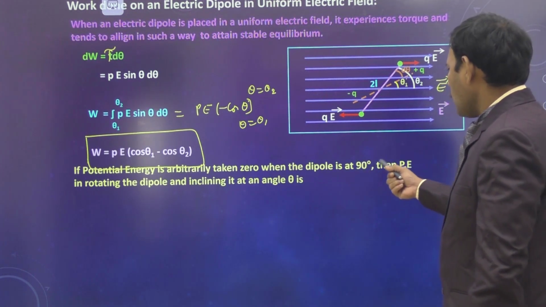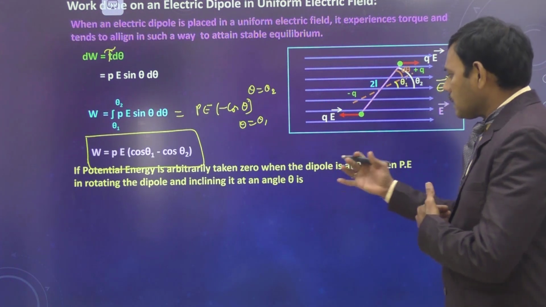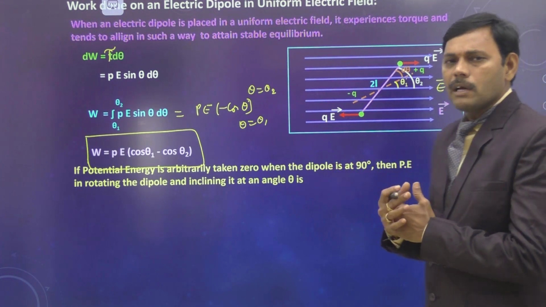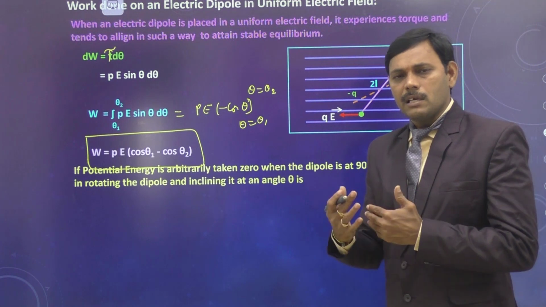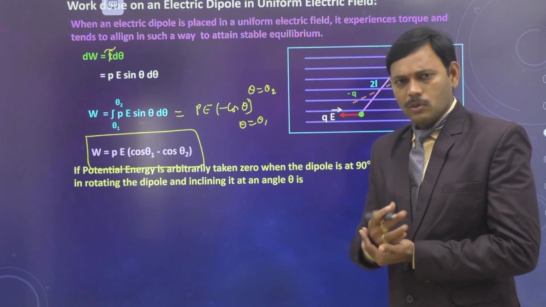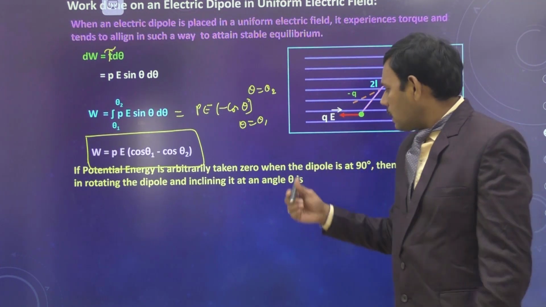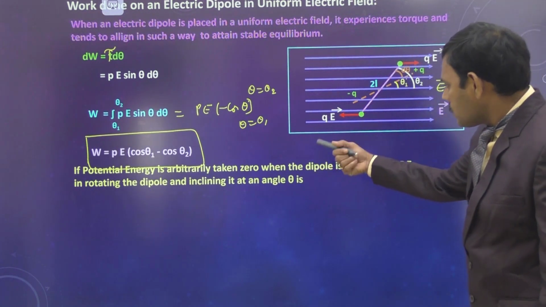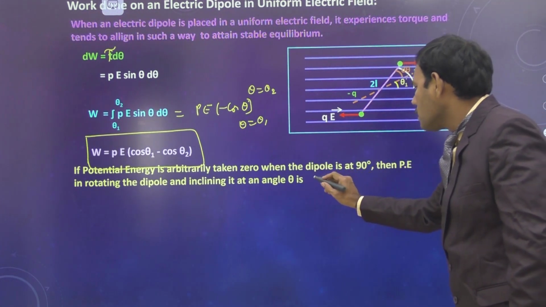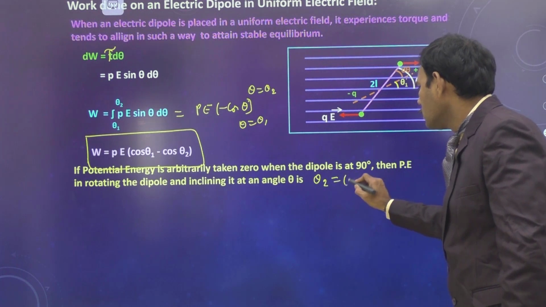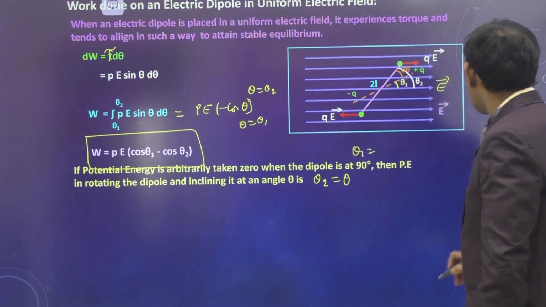When the dipole is rotated from 90 to theta, work done at 90 is 0, so we are considering from zero work. Let us consider theta 1 is 90 degrees and finally it is rotated to an angle theta 2 equal to theta.